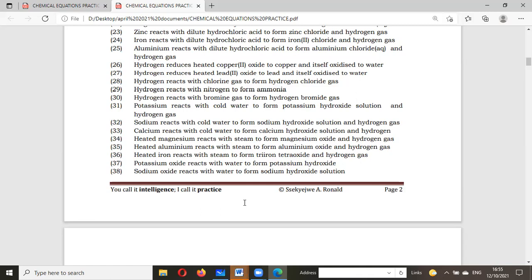Now we are seeing some new words there, isn't it? Yes. We are seeing hydrogen reduces heated copper(II) oxide. What do you think the condition is now? Look at the statement.